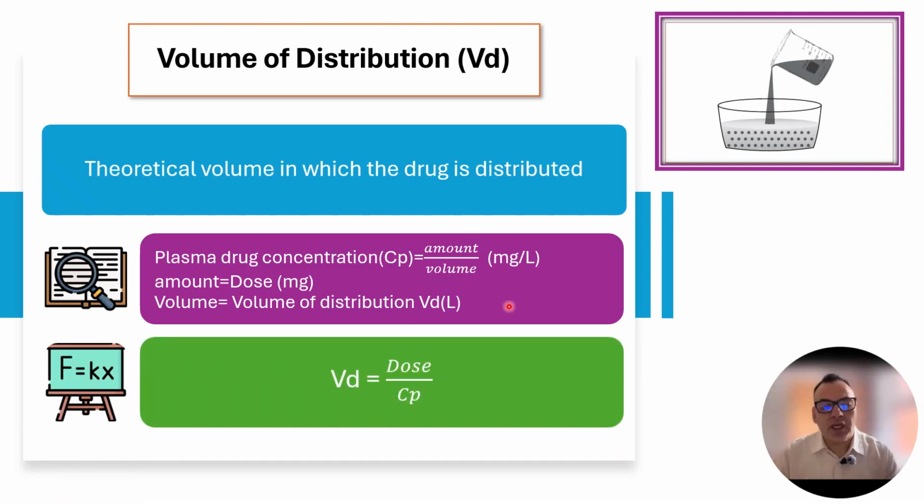From this, we can rearrange: the volume of distribution equals the amount divided by the plasma concentration. So it's very simple. Volume of distribution equals the dose, which is the amount, divided by the concentration.